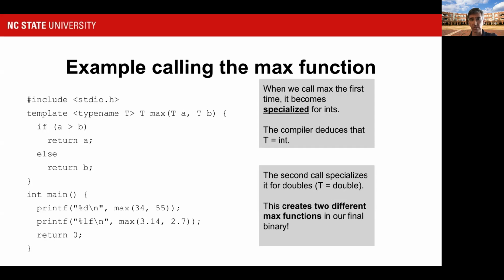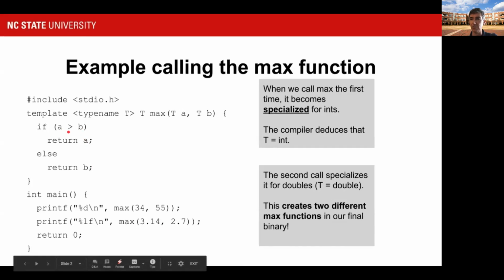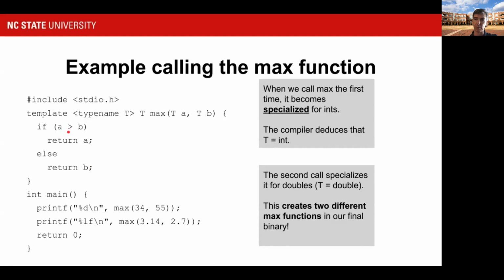And technically they work differently because a comparison on integers is not the same thing as a comparison on doubles. At a minimum, at the hardware level, those are different instructions that work differently. And so there have to be two different versions of the code here. And that's actually what happens. We get two completely different versions of the code. But what's interesting here is we only had to write one version of the code, and the compiler made both of the other versions of the code for us.